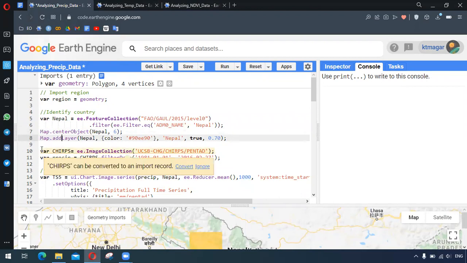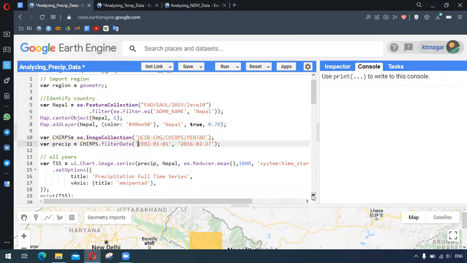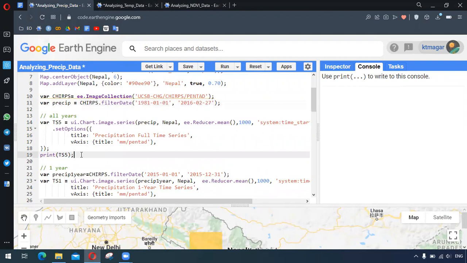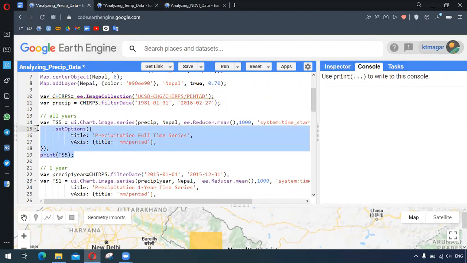Our interested dataset is the TRMM dataset, and we are filtering the dataset by filterDate, starting from 1981 to 2016. And as soon as we do this, we are drawing the chart from 1981 to 2016.